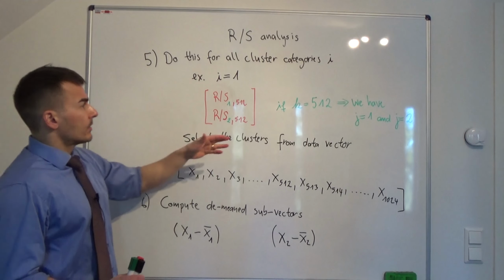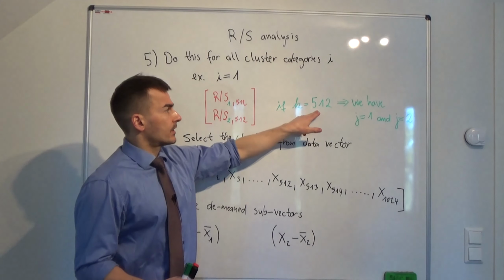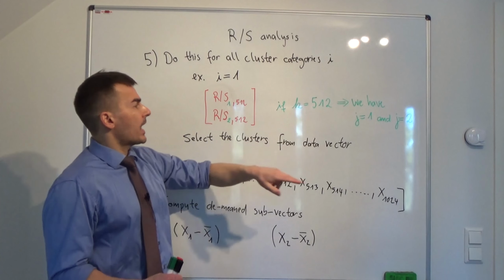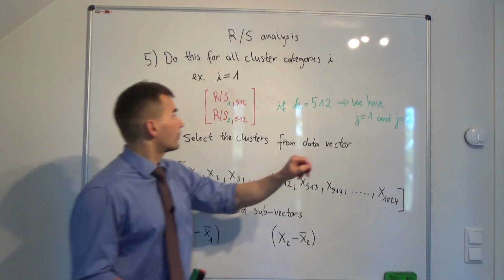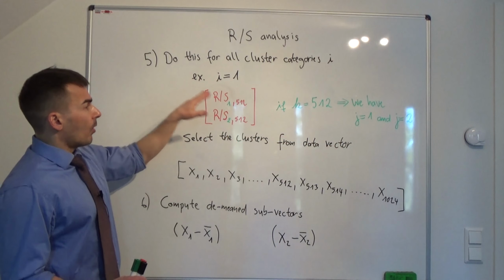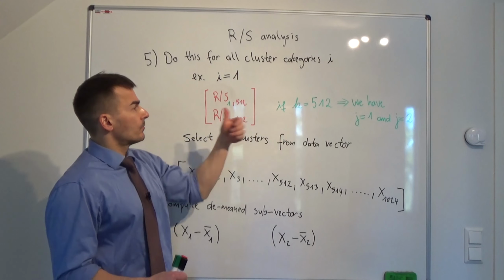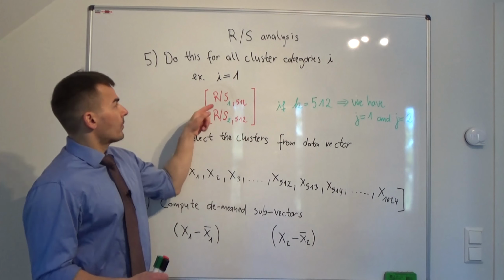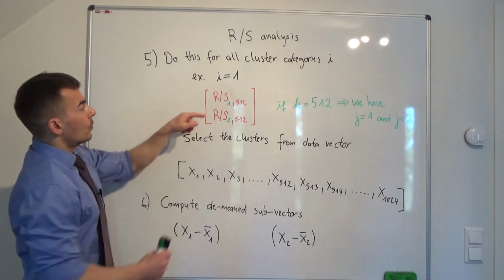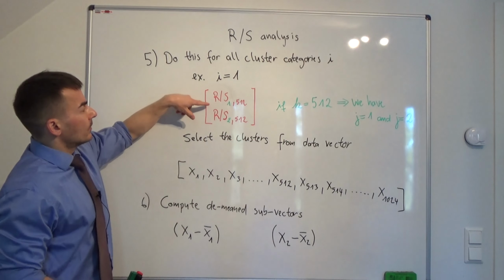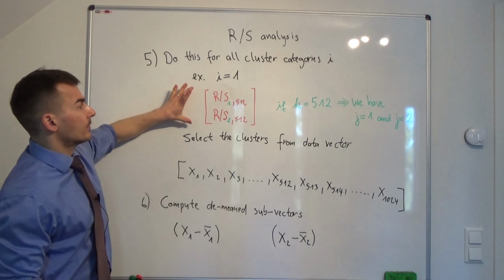So we said when we have the cluster size K is 512, we have 2 clusters, J is equal to 1 and J is equal to 2. So we get, obviously, for that cluster size, 2 estimates for the rescaled range statistic. For each subcluster, we get 1 rescaled range statistic that we have to store in some vector.